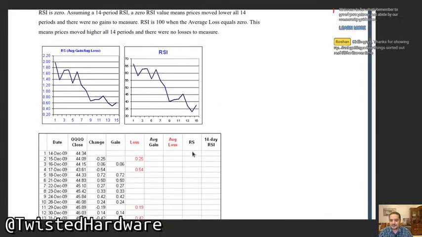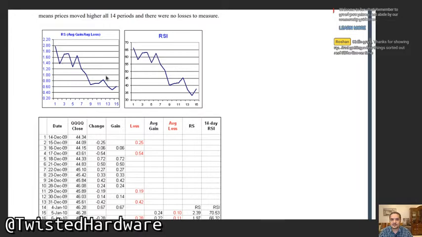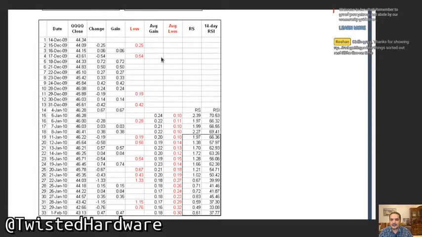So this is one of the best explanations I've seen regarding RSI, because it's really visual. This is the RS value and this is the RSI. You can see RSI in here went down from like 65 to around 30, and this is how it's calculated.